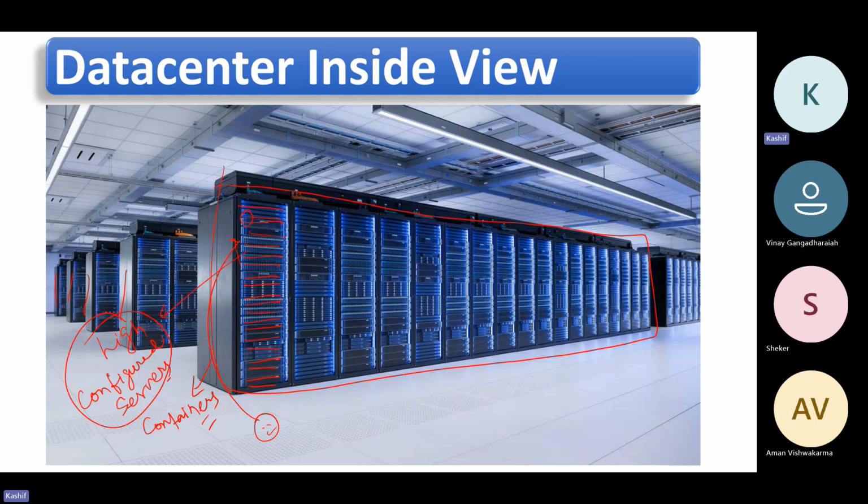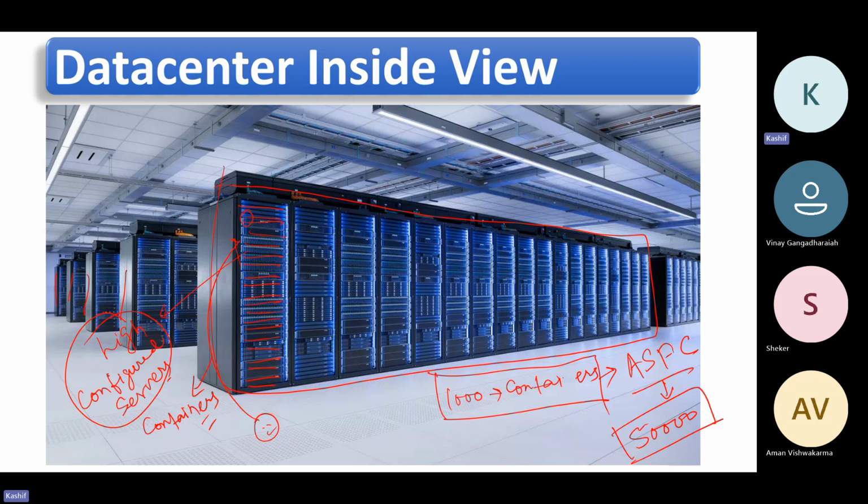Now a combination of many containers is called an Azure Service Fabric Cluster. For example, you have 1000 containers. A combination of these containers is called an Azure Service Fabric Cluster. Now in that cluster, you will have more than 50,000 high configured servers.